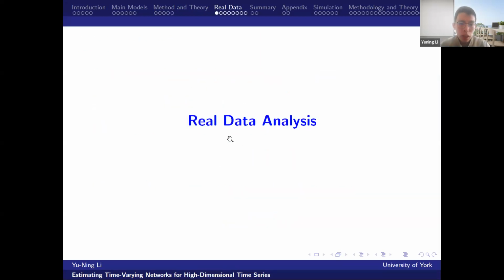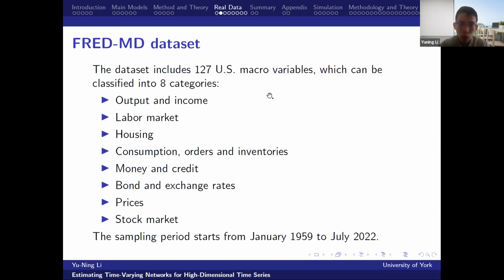Then let me show some results of the real data analysis. We applied our method to the FRED monthly data set, which includes 127 US macro variables classified into 8 categories.